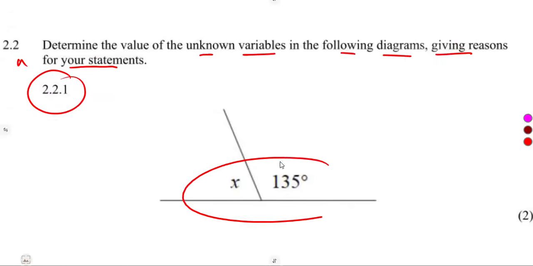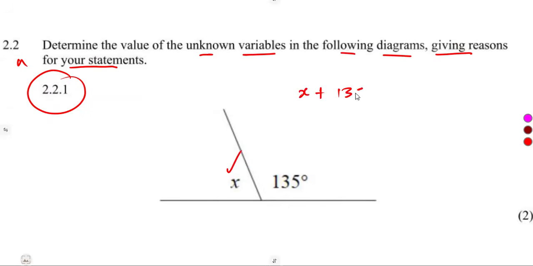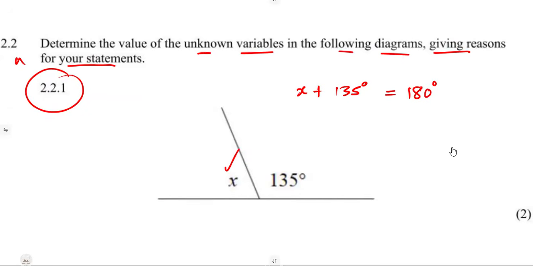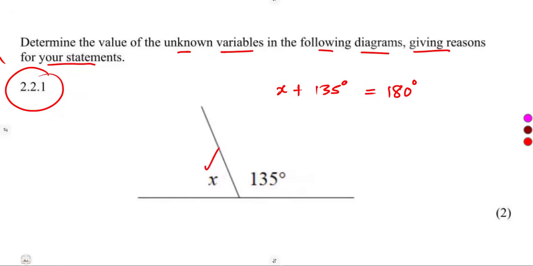There are two angles which are on a straight line. By taking these two angles, the x and the 135 degrees, adding these two, we must get 180 degrees. Why? A straight line. I talk about a straight line, angles on a straight line. All right, so these are angles on a straight line.